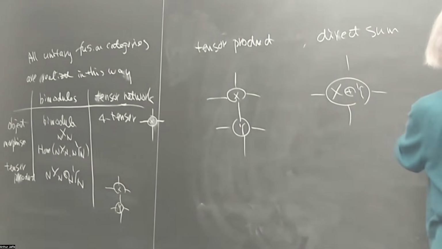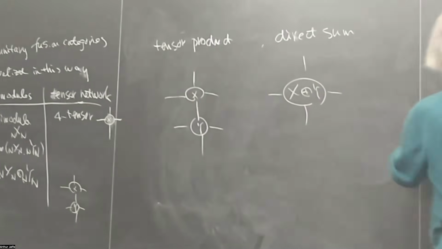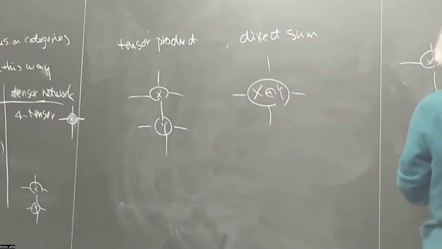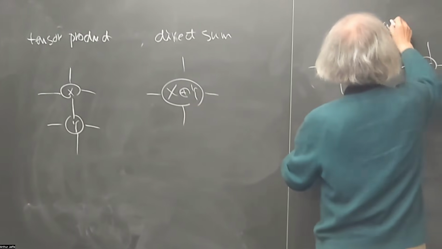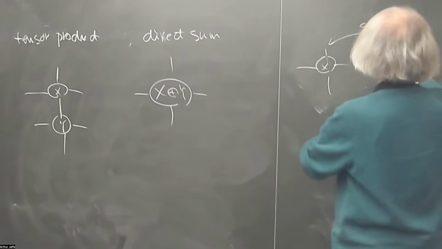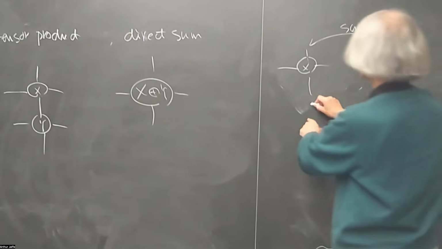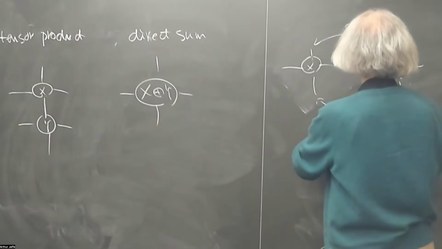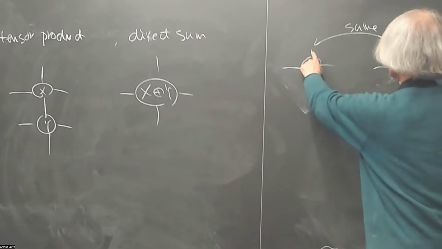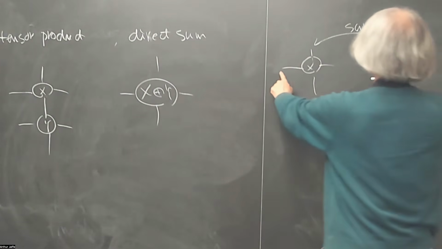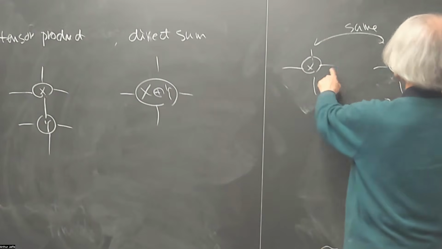So we have 2 tensors. And for making this direct sum, these 2 index sets should be the same, and also these 2 must be the same. Otherwise, we cannot make the direct sum. So these 2 are the same, these 2 are the same. Then these 2 can be different, and these 2 can be different.